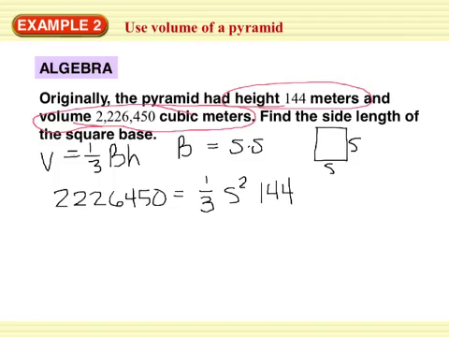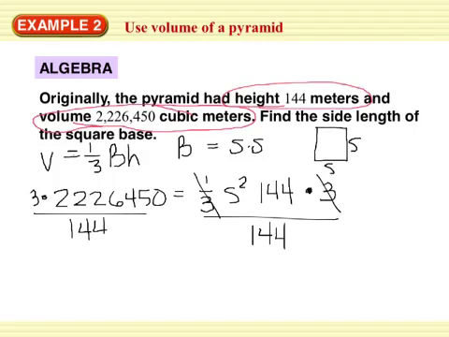So I'm going to divide both sides by 1/3, but when it's a fraction, I can multiply by the reciprocal, and divide both sides by 144. Let's do that math. 2,226,450 times 3 divided by 144.